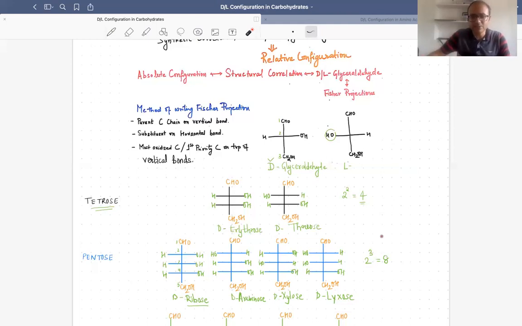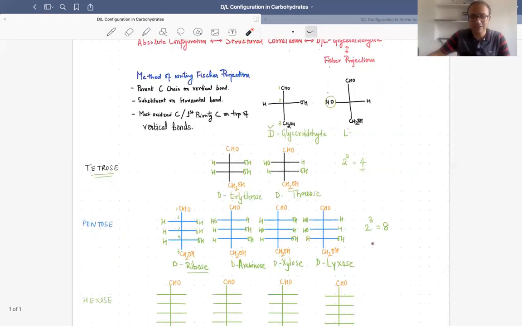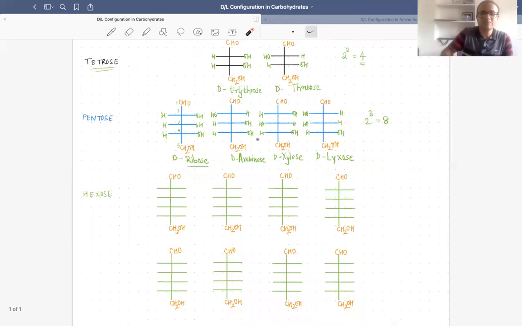Now let us go to the final and higher version of the sugar molecule. Here you have the hexose sugar. Hexose sugars are very important because they make up most of the carbohydrates, the polysaccharides that you see in carbohydrate chemistry. How many stereocenters are here? 4 stereocenters.